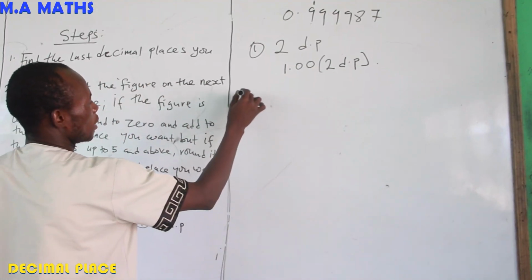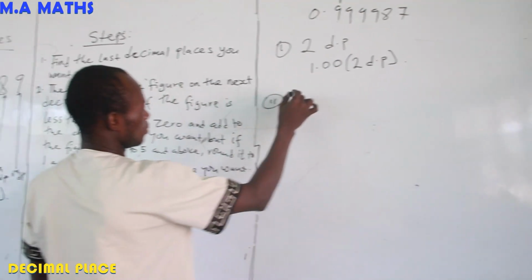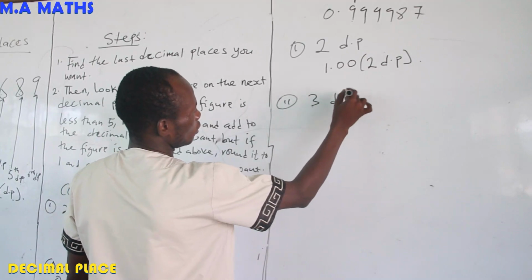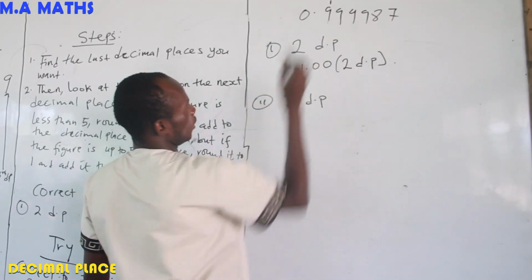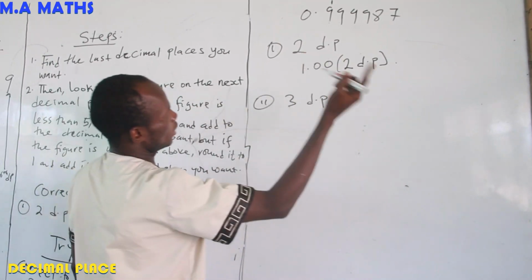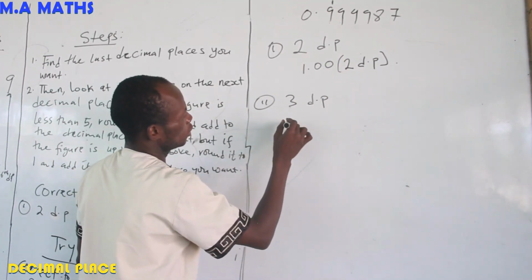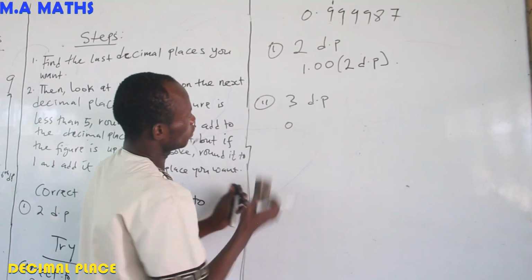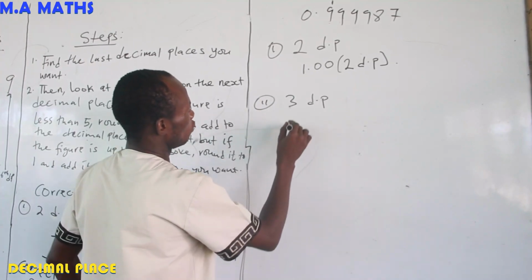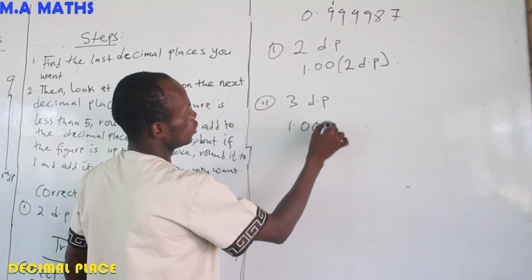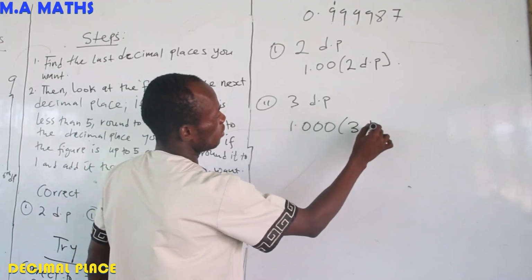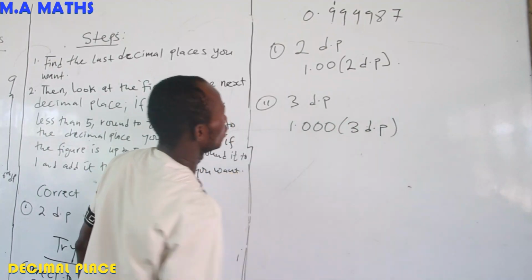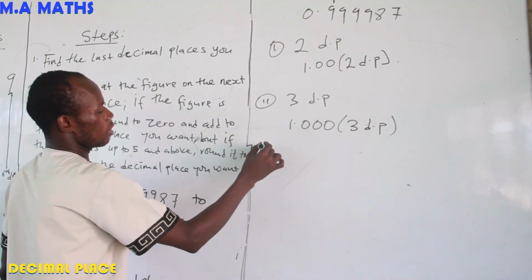Let's look at part two, to 3 decimal places. We count the first 3: 1, 2, 3. The next number is 9. We round it to 1. This gives us 1.000 to 3 decimal places. Good. We have part three.